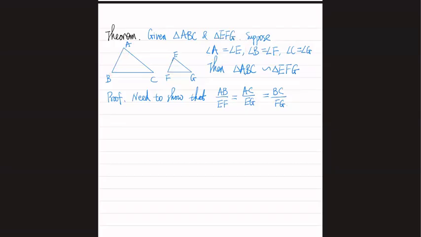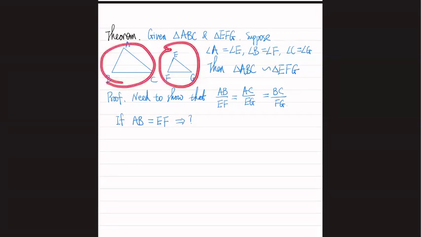Okay, the first case, if AB and EF have the same length, what can you say about the two triangles? Even though they appear to be different, let's assume they are the same, what happens?